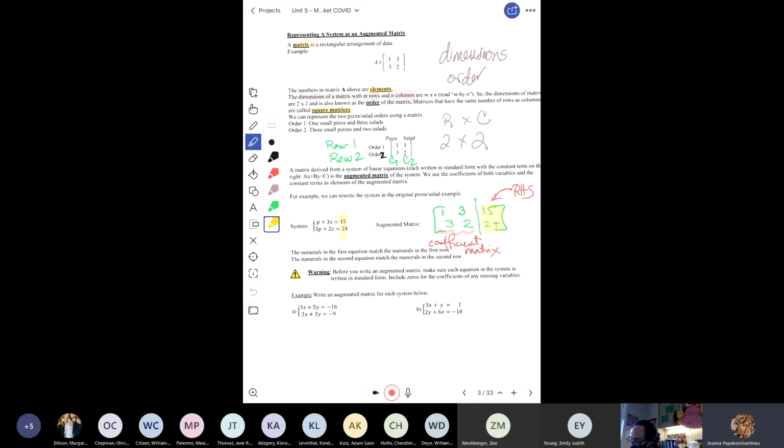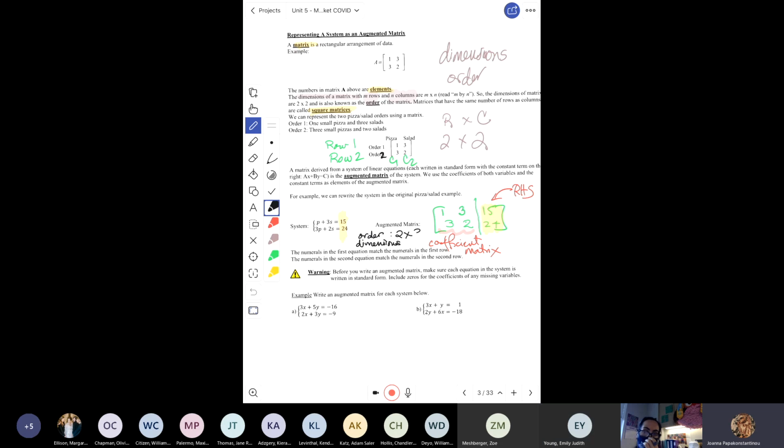As we can see in this augmented matrix, they are not always square. So if I looked at the order or the dimensions of the augmented matrix, like the dimensions of a room, the size of a room, what would the order of this augmented matrix be? 2 by 3.